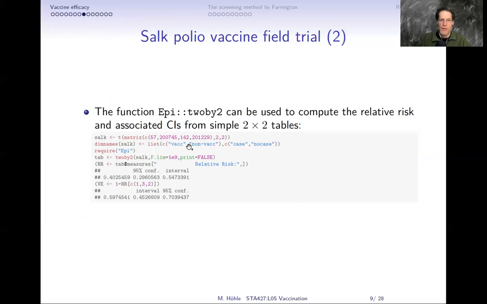We would just simply set up the labeling of this, and then we can use the 2x2 function of the Epi package to compute the relative risk. So this is here, and the one they have 1 minus the relative risk. Here we have point estimate, and here we have the lower and upper bound of the 95% confidence interval, and we see that the vaccine efficacy here is about 60%.